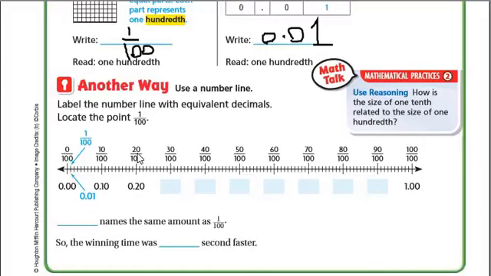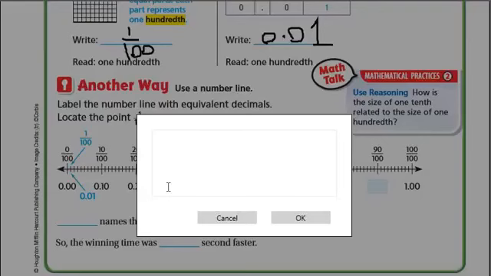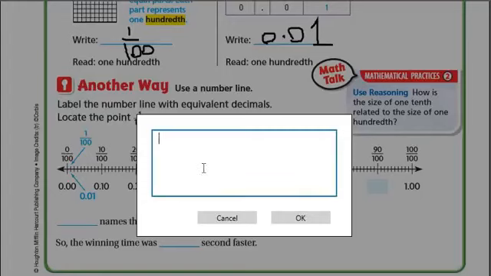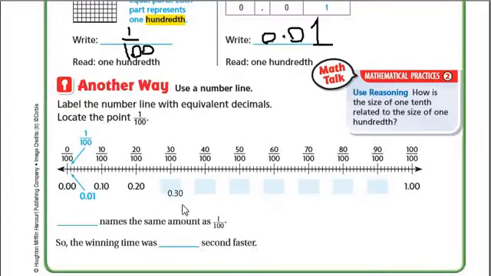Then we will write 20. Then the decimal point moves after 2 places, 1, 2, and it will be here. Then 30: I write 30 first, then move the decimal point 2 places, like this.